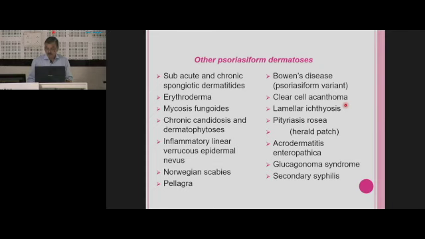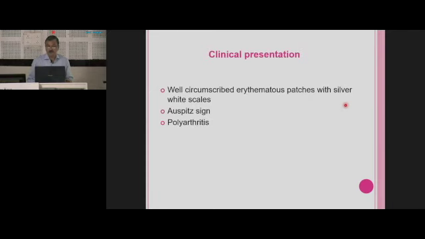In short, about the clinical presentation, several clinical variants of psoriasis have been recognized. They may be guttate psoriasis, erythrodermic psoriasis, sebo-psoriasis, photosensitive, or inverse psoriasis, which is known as the flexural psoriasis. This is the clinical presentation.